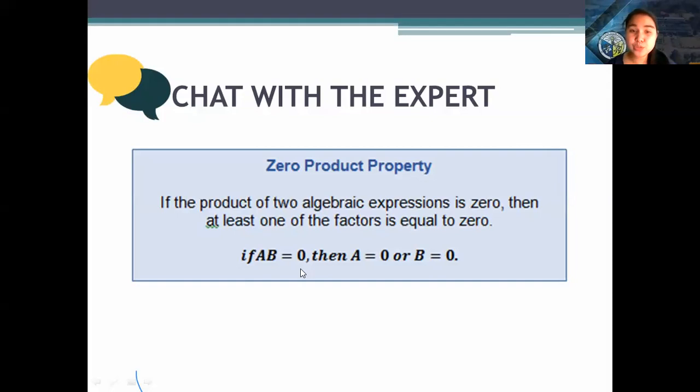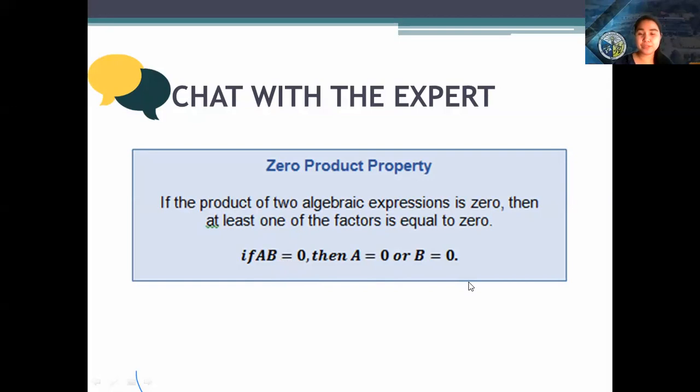If A and B are factors of your polynomial and you equate it to zero, then you can find the roots by setting A equals zero or B equals zero.